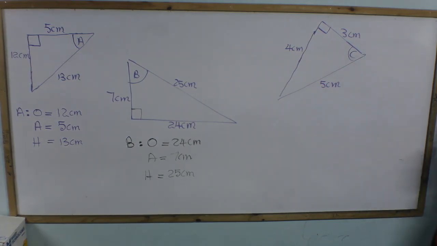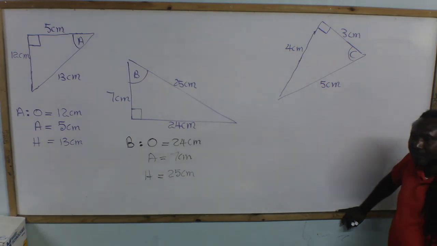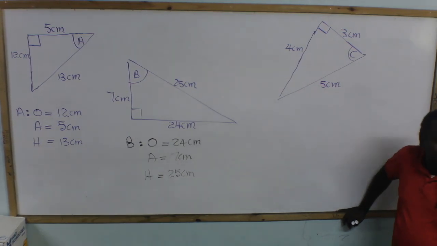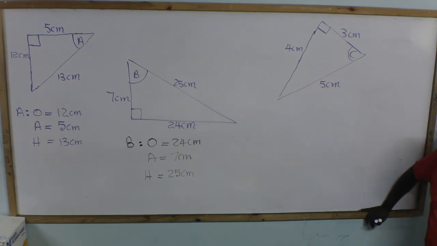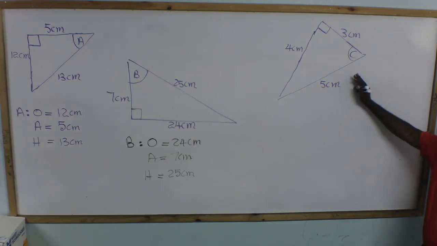Which one is opposite to this? Which one is adjacent? And which one is the hypotenuse? Finished?